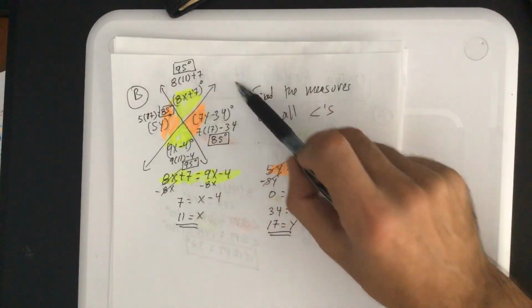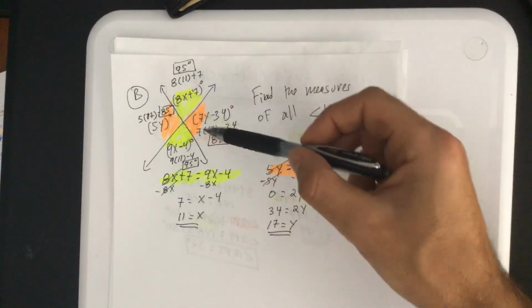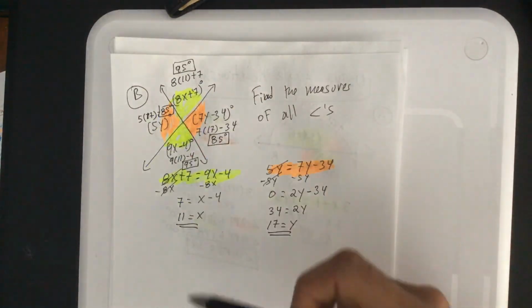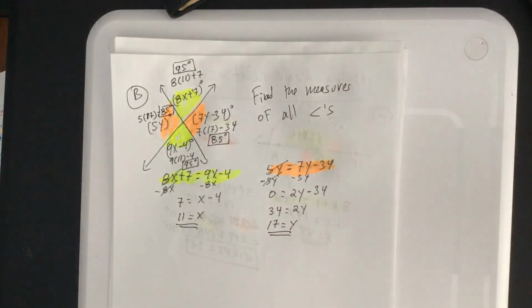And if you add all of the angles, 95 plus 85 plus 95 plus 85, it should be a circle, 360 degrees. Okay? I hope these examples are helpful for you guys. Please do your assignments.